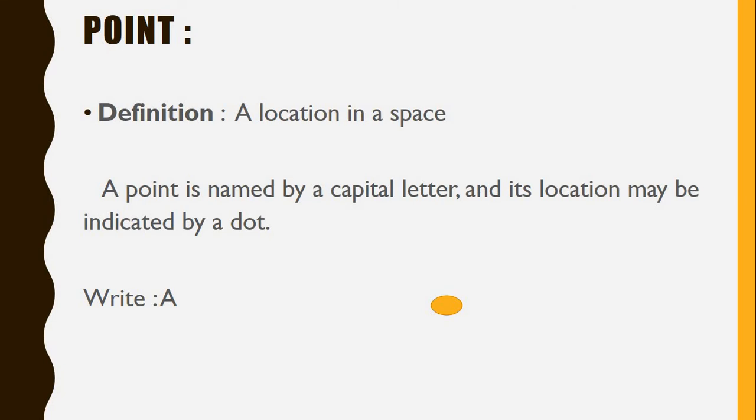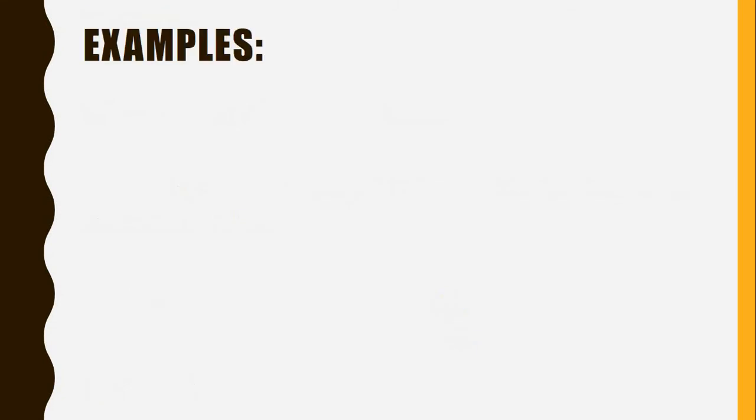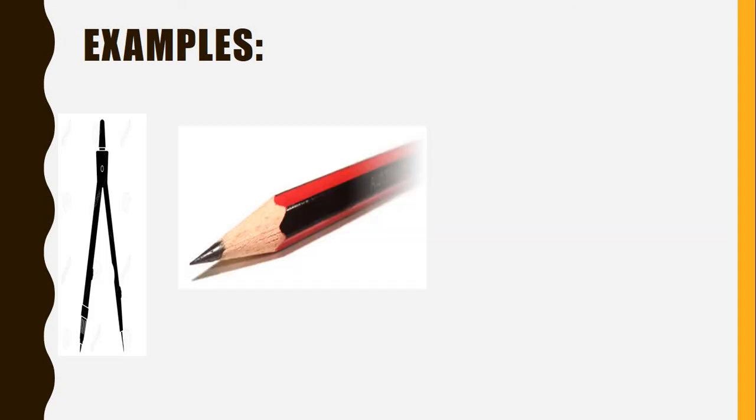You can take any capital letter over here, and it can be said as point A. Some examples of a point in day-to-day life are the tip of a compass, the sharpened end of a pencil, the pointed end of a needle.